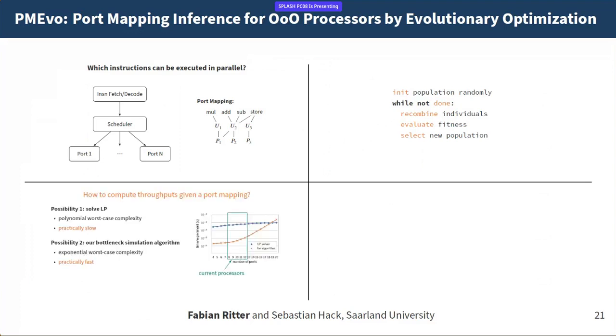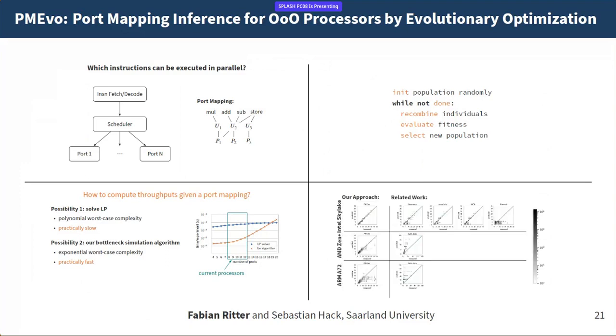This was really made feasible through this nice bottleneck simulation algorithm that we've proven correct. And our evaluation shows that our results are close to on par with the previous work that had hardware performance counters, and could open up new architectures where previous works were just not applicable. Thanks for the attention. Do you have questions?